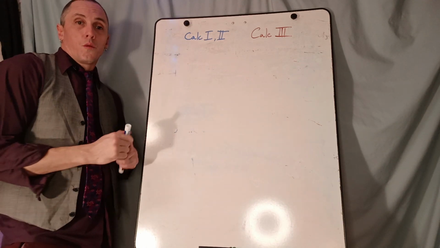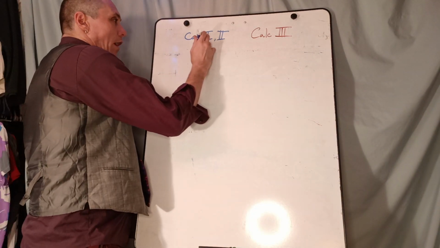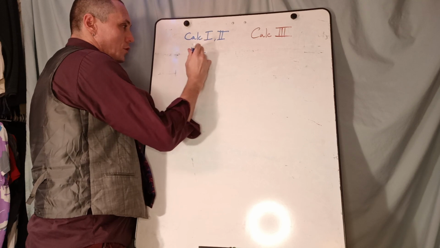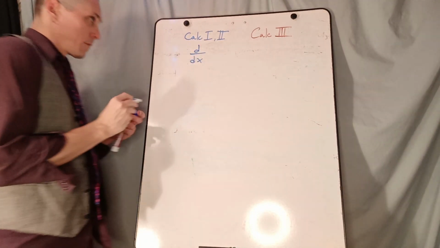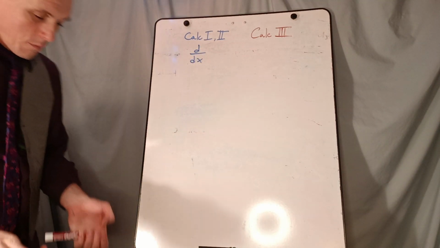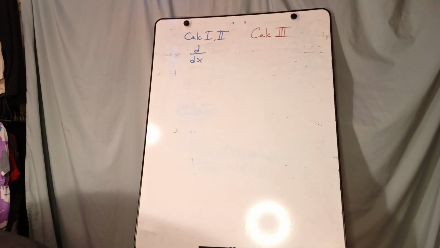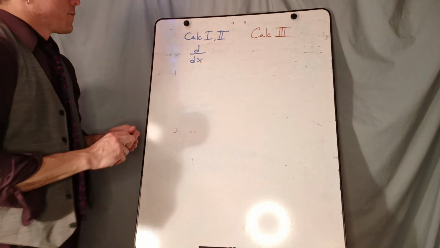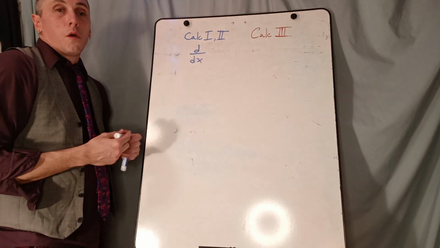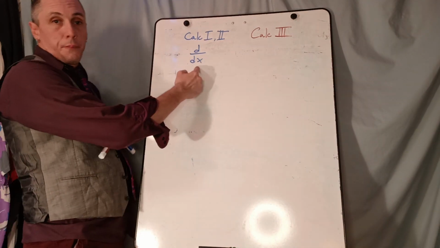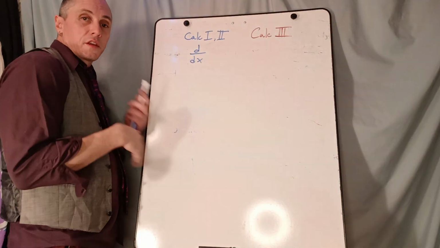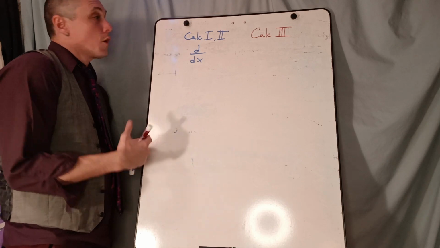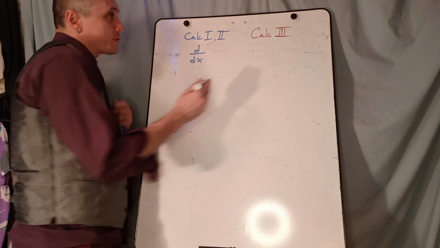To continue with the metaphor, in Calc 1 and 2, we learn about the derivative. In Calculus 3, we're not just going to have a single input variable that we need to consider the change with regards to. We're going to have several input variables.